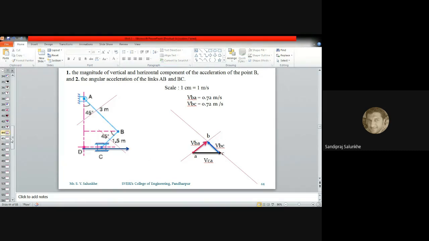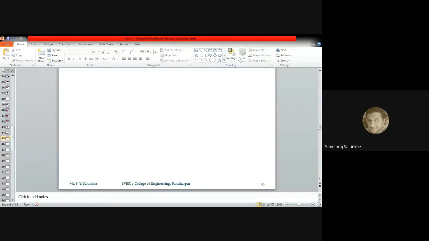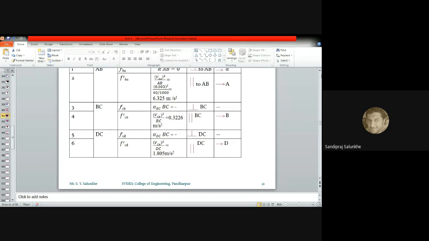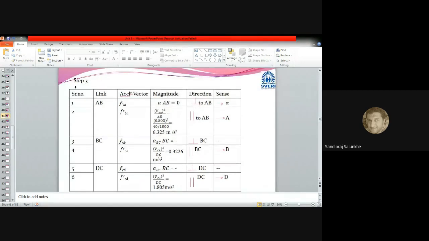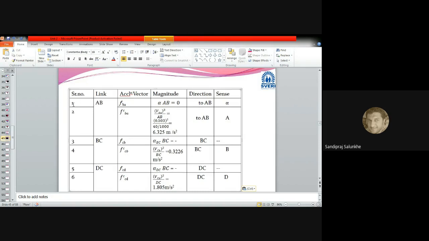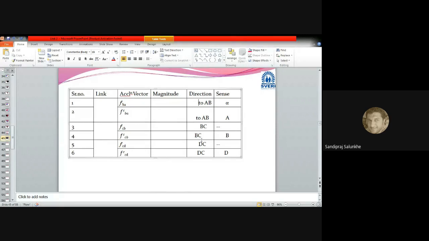ठीक है. Now the next step is that we have to draw the table. I'll copy this table as it is. You just tell me how we can fill that table. So serial number will be as it is. Link names will not be there. Then magnitude we will fill, then direction and sense.